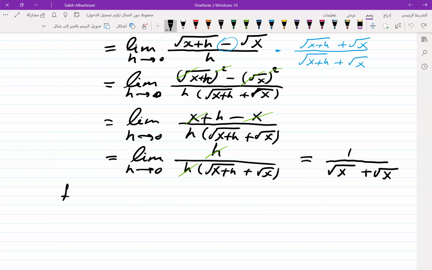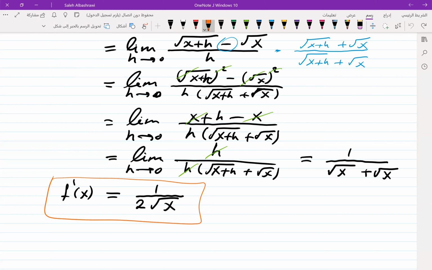That will lead to the derivative of the function, which is 1 over square root of x plus square root of x, equal to 2 square root of x. So the derivative of the function f of x equals square root of x is 1 over 2 square root of x. The derivative of the square root of x will be 1 over 2 square root of x.